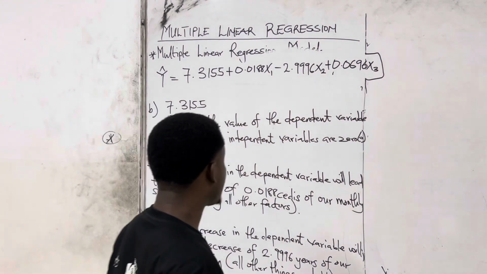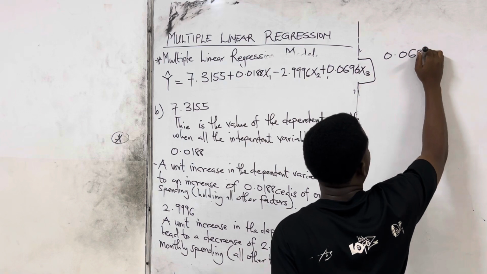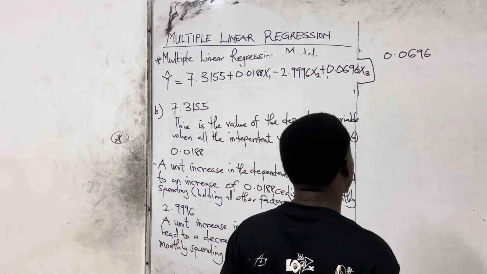Now, the last one. So that one too we have 0.0696. That represents the credit limit.